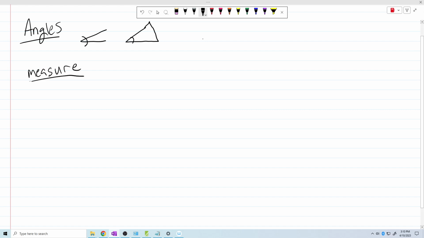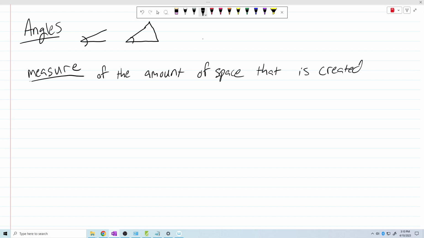Measure of the amount of space that is created when two lines intersect. Now you don't necessarily have to write all that down, but just understand what it is.